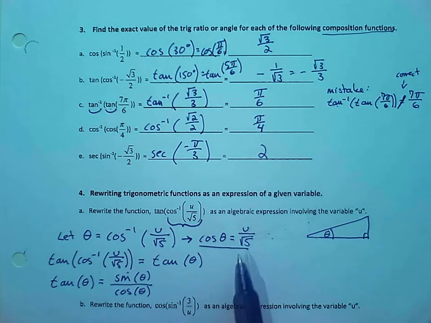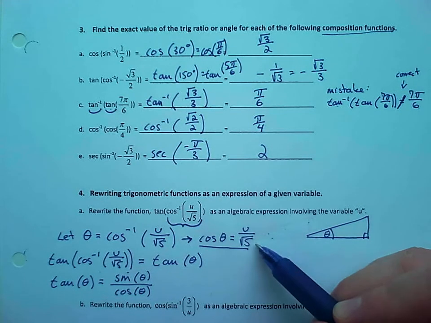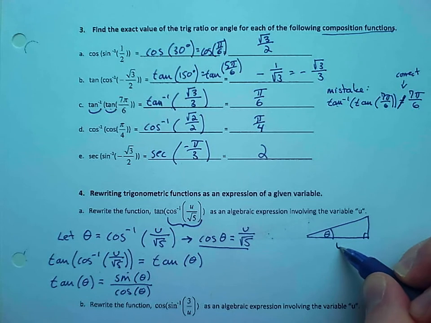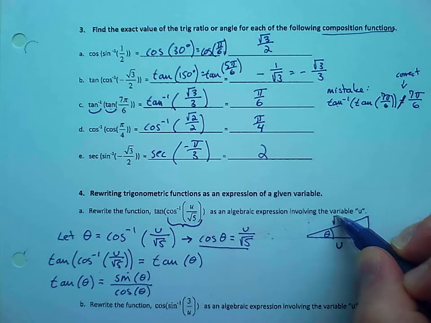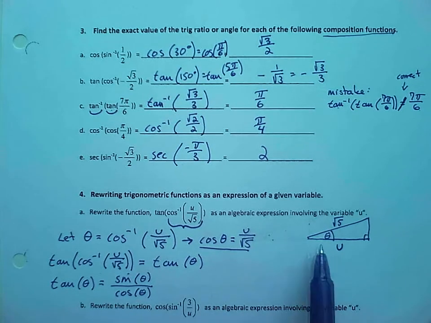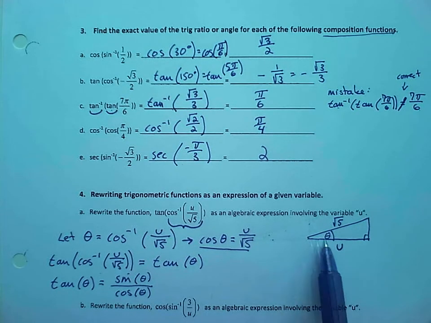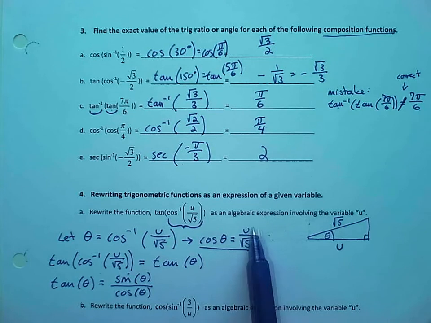Alright, so now let's just look at this. Cosine of theta is equal to the adjacent over the hypotenuse. So if we take the cosine of theta, it's adjacent over the hypotenuse, u divided by the square root of 5, which is what we have right here.